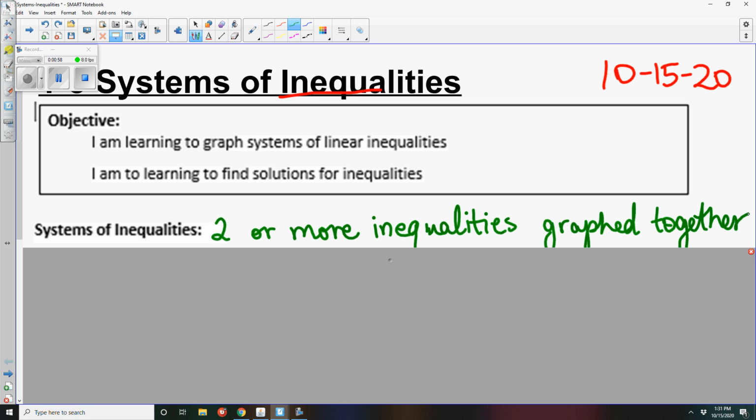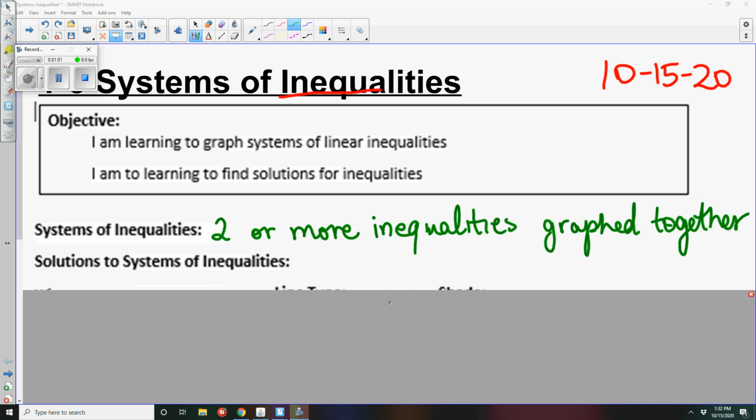So have two or more inequalities graphed together. Solutions to systems. So your solution to systems of inequalities, said that wrong, inequalities, not equations, is just going to be the region that both are shaded.